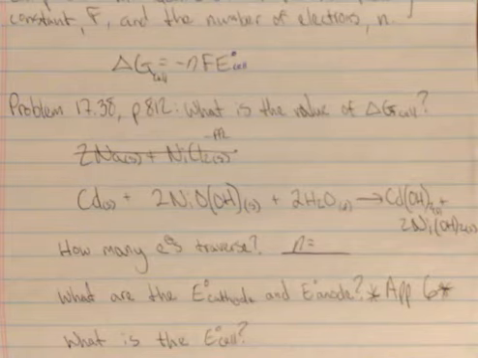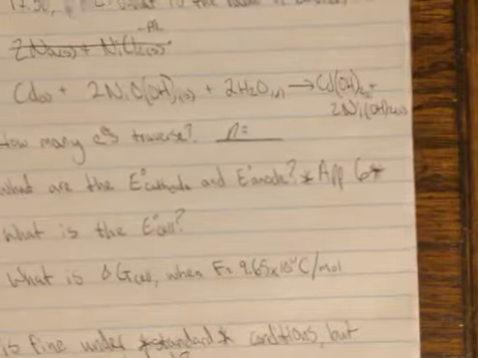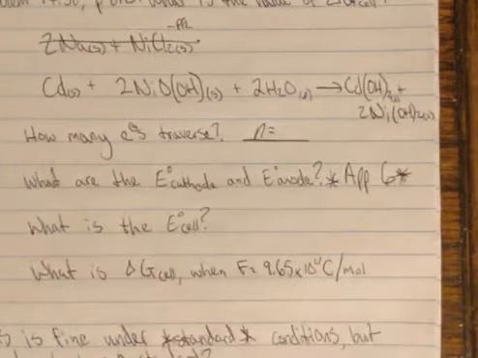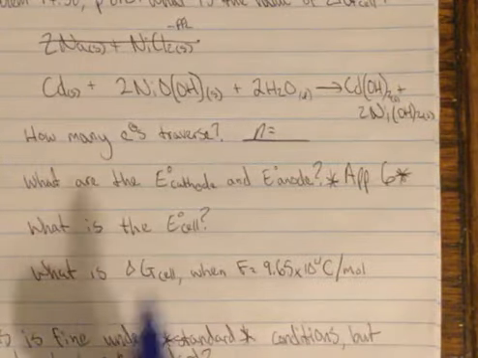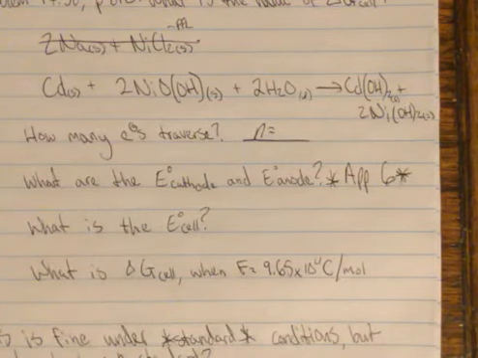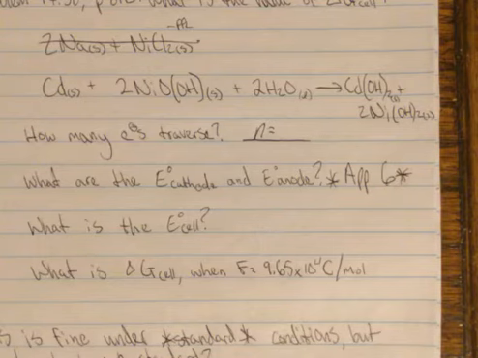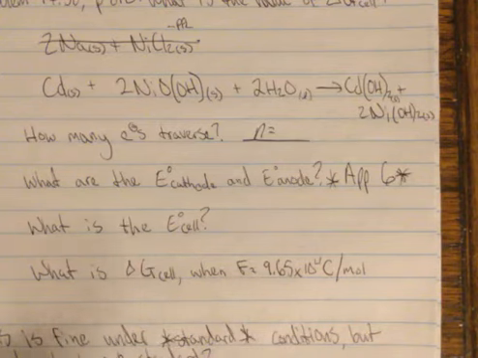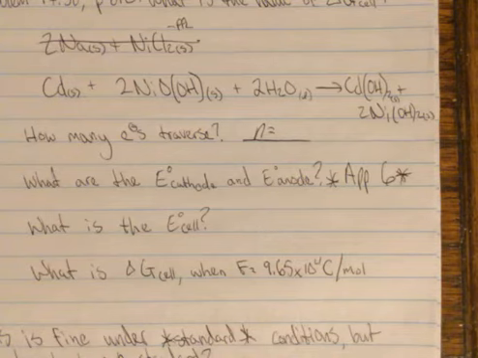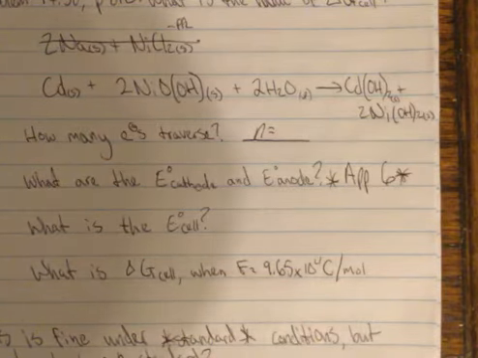Breaking things down systematically: how many electrons are going to traverse, what are the standard reduction potentials of the cathode and the anode? Again, check Appendix 6. What is the E standard for the cell? And then what is delta G of the cell when the Faraday constant is 9.65 times 10 to the 4 coulombs per mole? I'm going to give you a couple minutes to work that out, and then we'll go over it.